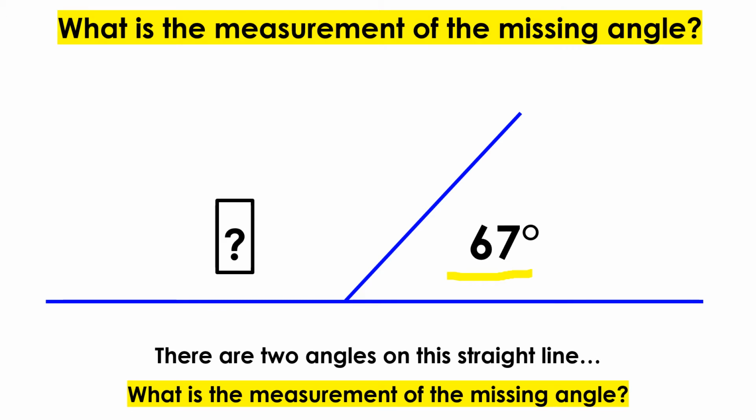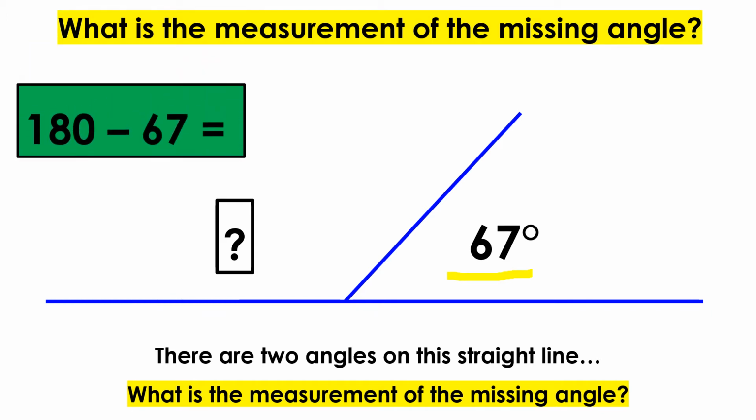So what you would do is a simple calculation like this: 180 take away 67, and that would give you an answer of 113, and 113 degrees would be your missing angle. If you add these two angles up together, they would give you a total of 180 degrees, which is the same as a straight line.